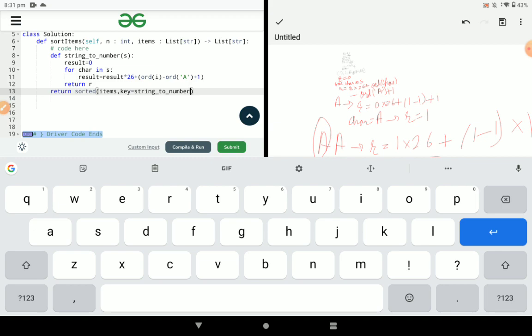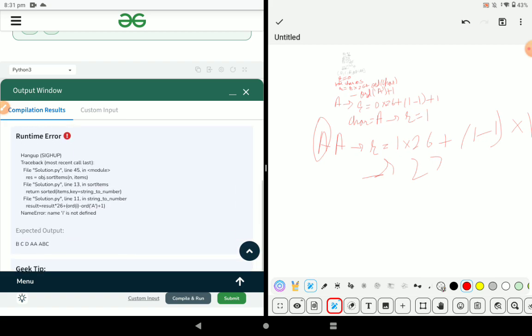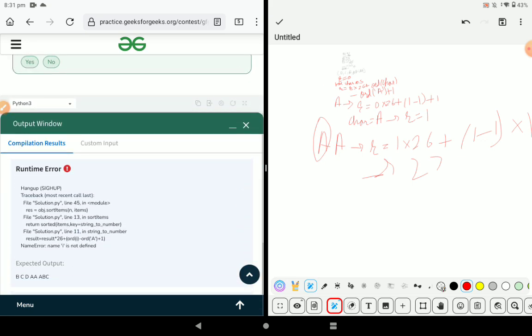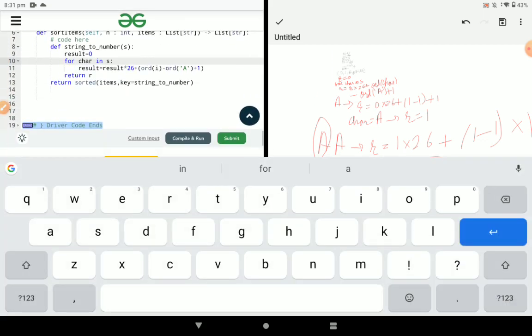Yes, let's try to compile it. Yeah, it's giving some runtime error: I is not defined. I forgot to change the I, it's char basically.